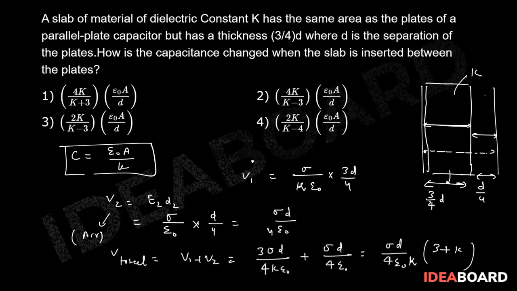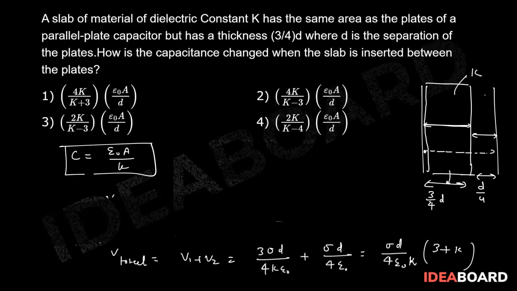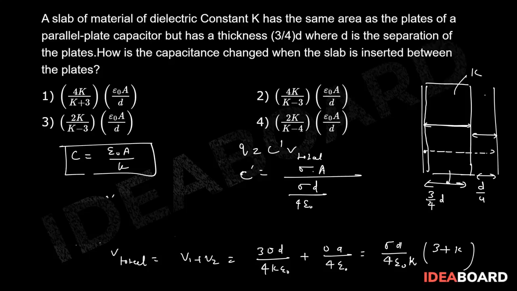For that we will again use Q is equal to CV. So Q is equal to C dash into V total. To calculate C dash, Q is equal to sigma into A, divided by V total, which is sigma D divided by 4 epsilon naught K into K plus 3.